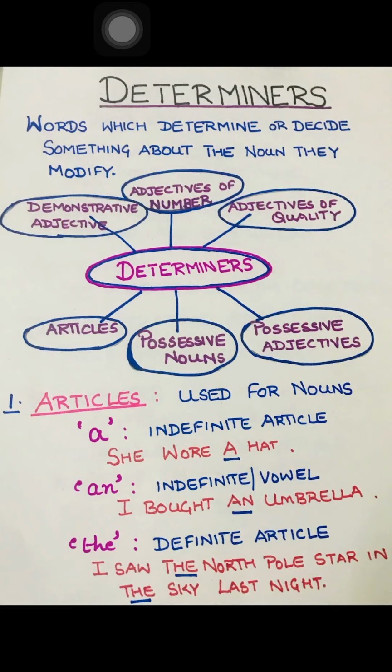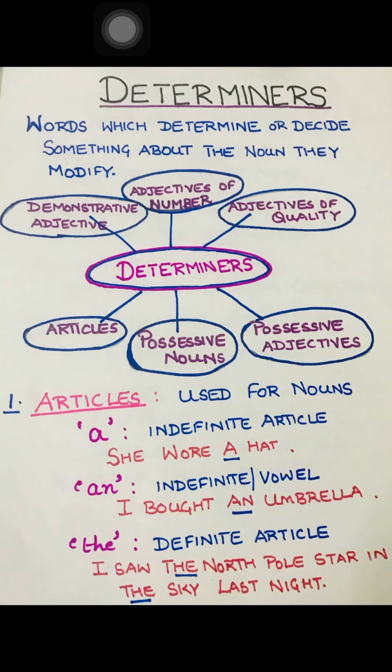Determiners are words which determine or decide something about the nouns they modify. That means determiners are always used to enhance the meaning of a noun, and a determiner will always be used with a noun.